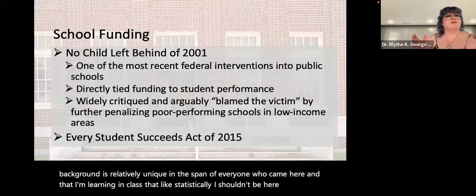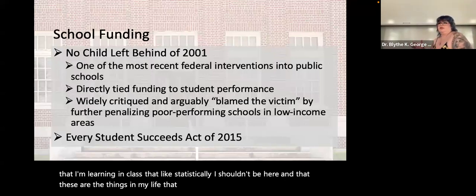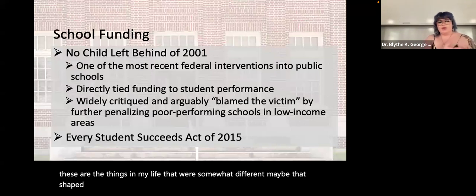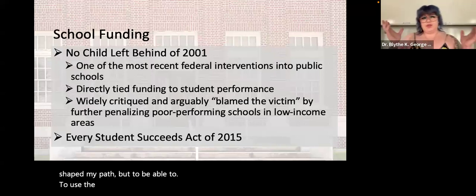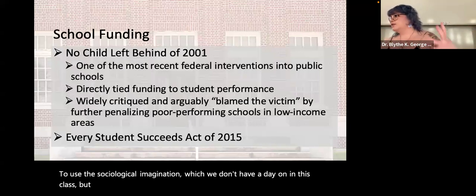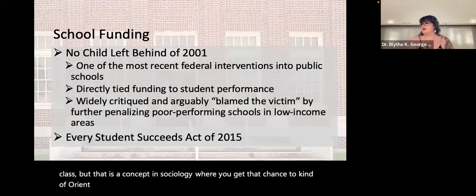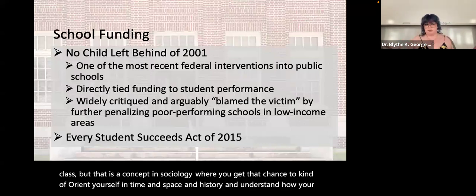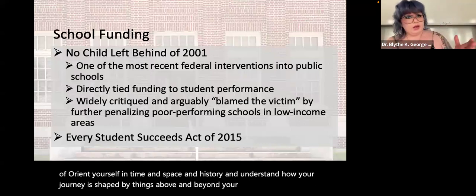And these are the things in my life that were somewhat different, that maybe shaped my path. But to be able to use the sociological imagination, which we don't have a day on in this class, but is a concept in sociology where you get the chance to orient yourself in time and space and history and understand how your journey is shaped by things above and beyond your personal choices.